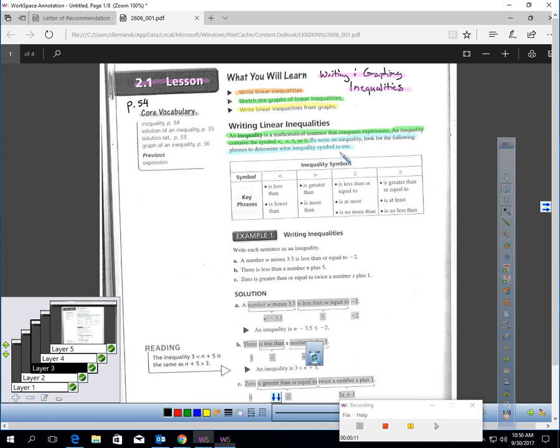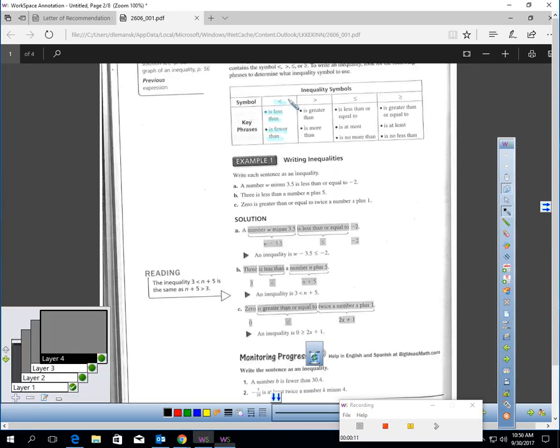To write an inequality, look for the following phrases, and again, I would definitely get these phrases below in your notes to determine what inequality symbol to use. This symbol is a less than symbol. If you read "is less than" in a problem or "is fewer than," that's the symbol you should be using.